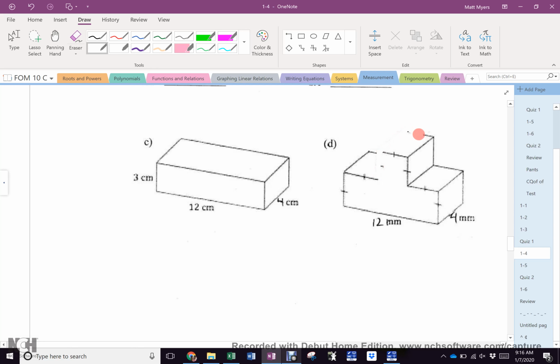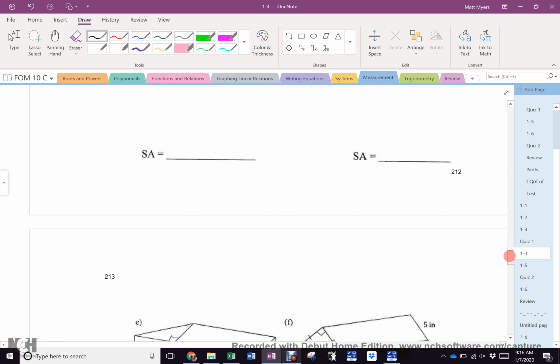If none of this were here, would you know what to do? You would, because it's just this shape, right? It's exactly the same as C almost, yeah? But there is this here. So figure it out. Everybody understand? Turn the page over.